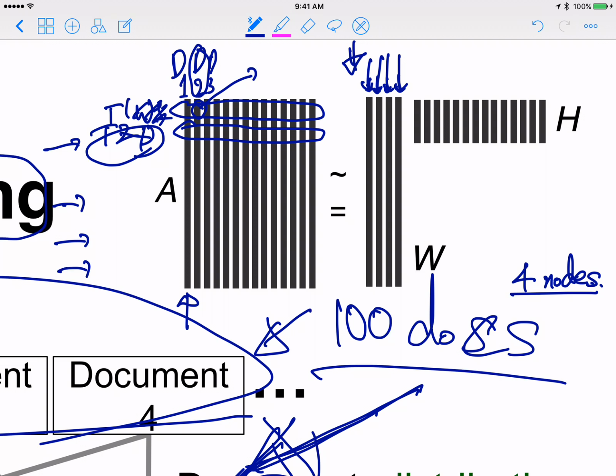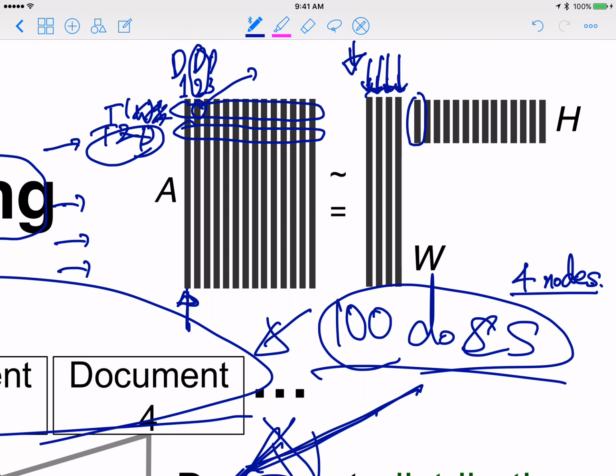From the linear combination of columns perspective, using only 4 virtual documents, we have to explain each of our 100 documents by using the linear combination coefficients used here.